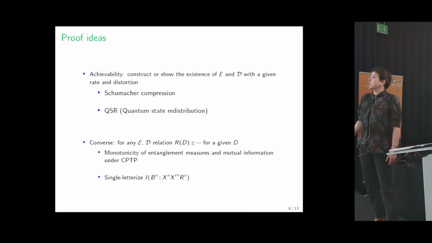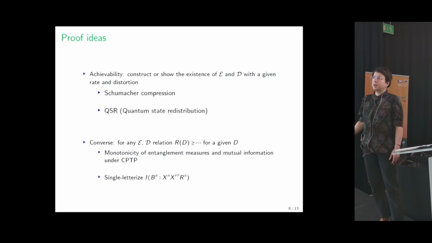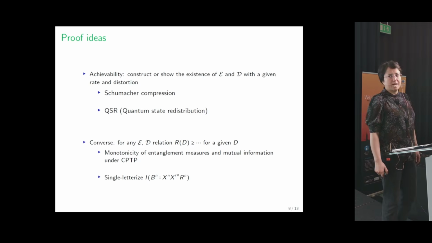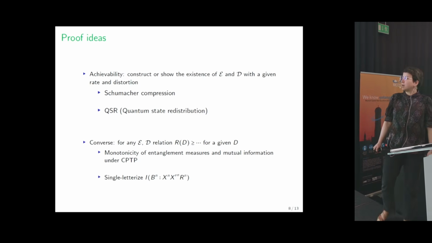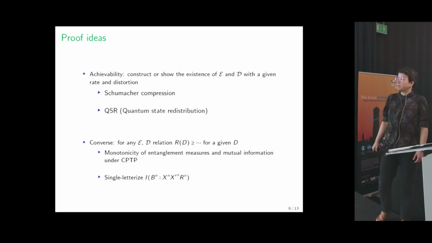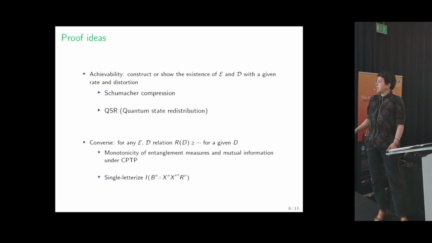And the other direction is proving the optimality of the rate. We are interested in showing that we cannot go below that optimal compression rate, and this is called the converse proof. Basically, the converse proof is about saying that for a given amount of distortion, for any encoding and decoding operation, your rate is always lower bounded by something.